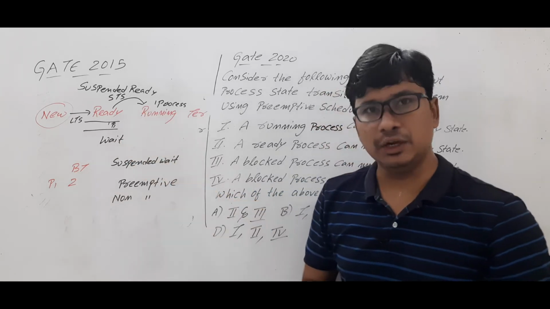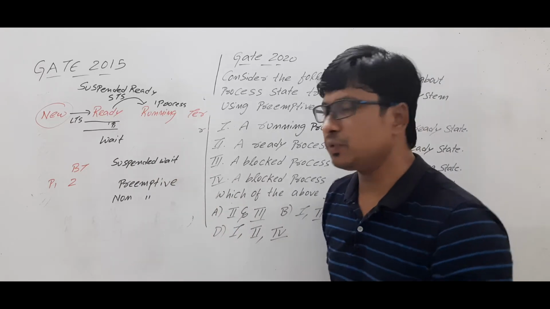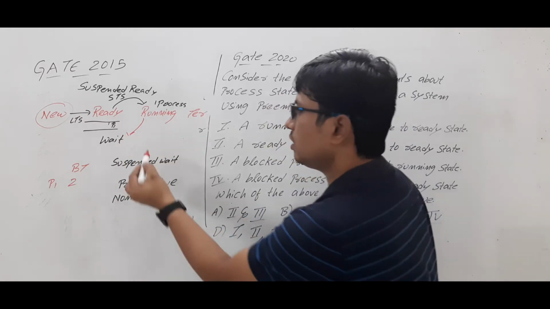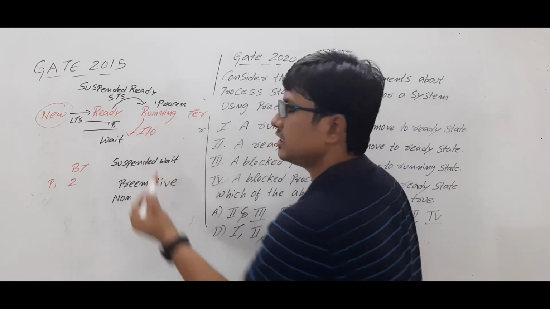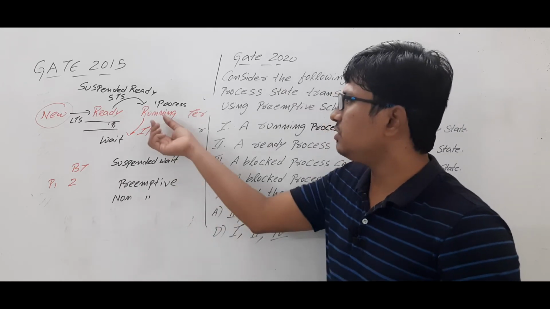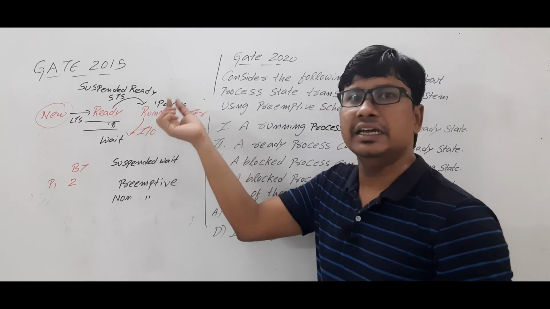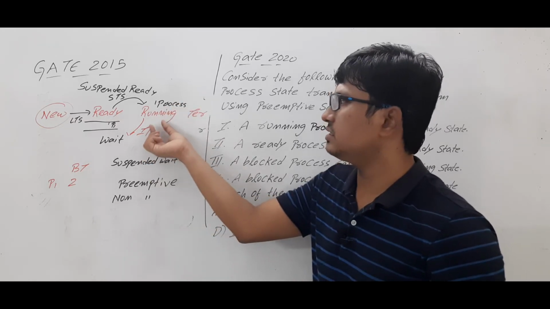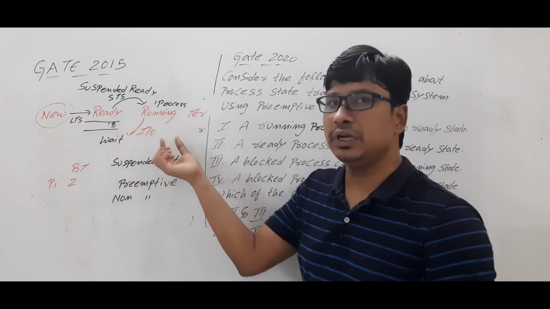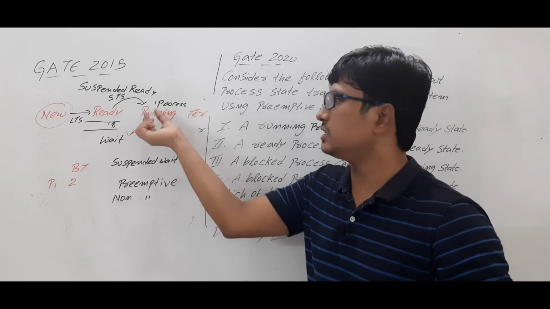If it requires IO time, even if it is preemptive or non-preemptive, if any process needs an IO request, it will go to the waiting state, because the CPU should not be idle. Suppose the process in the running state needs some IO operations. If we keep it in the running state, then the CPU will be idle, because this process is doing IO and the CPU is idle.